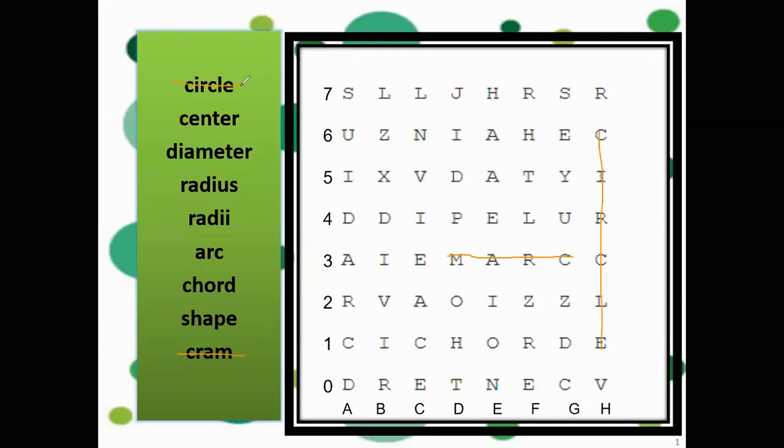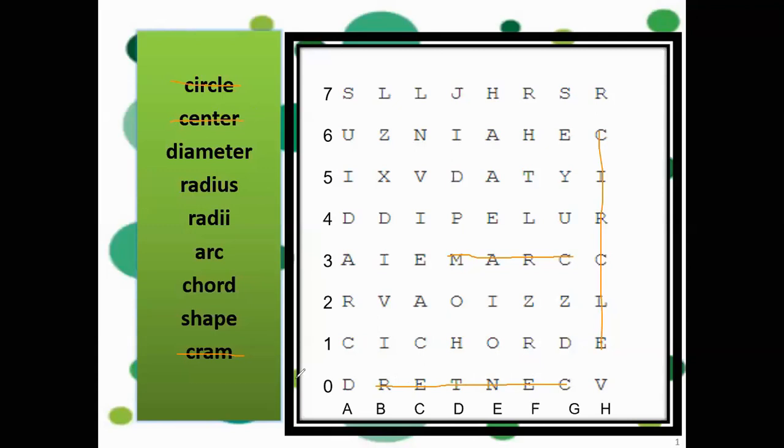Butler, she said that center begins at G0 and ends at B0. Good job.